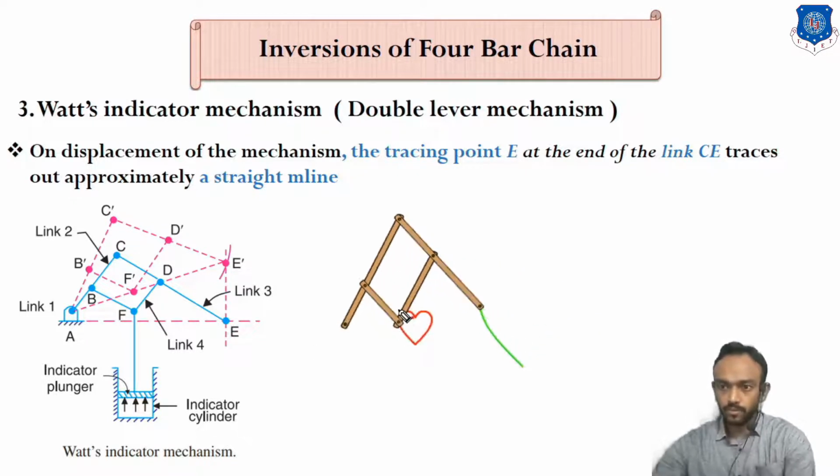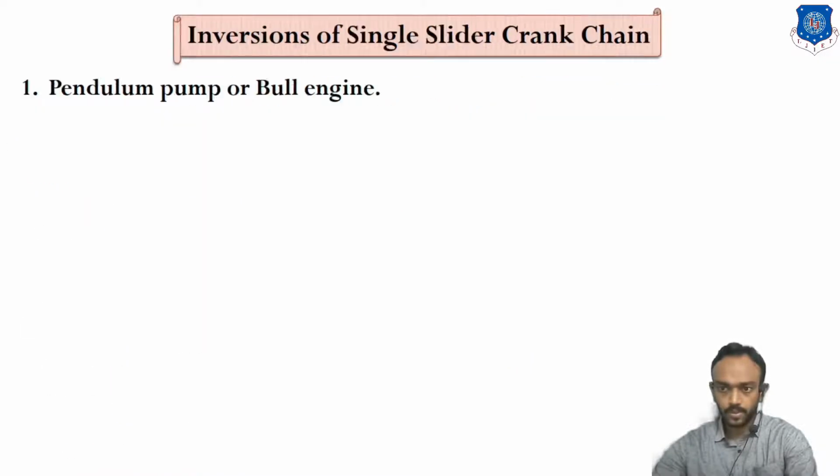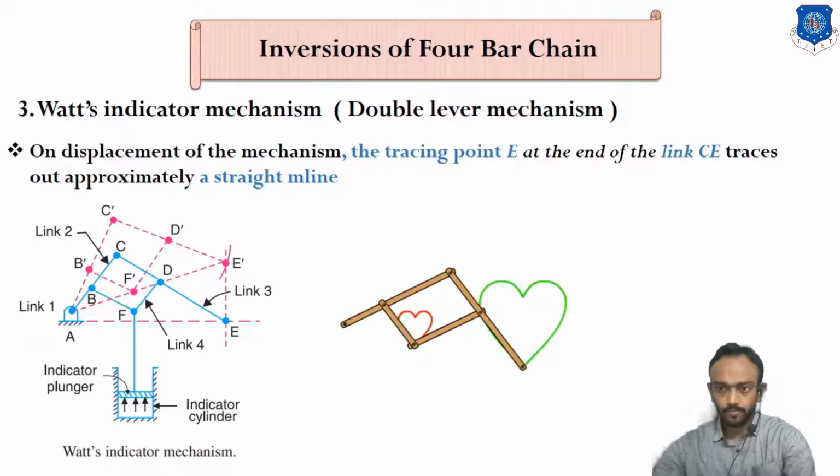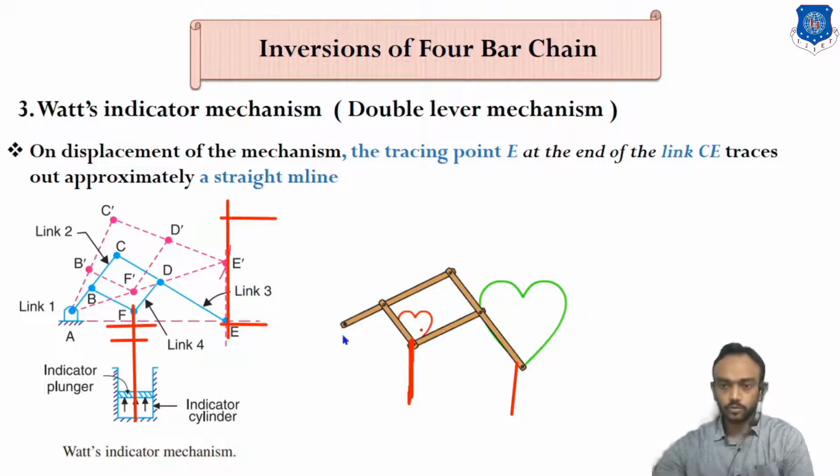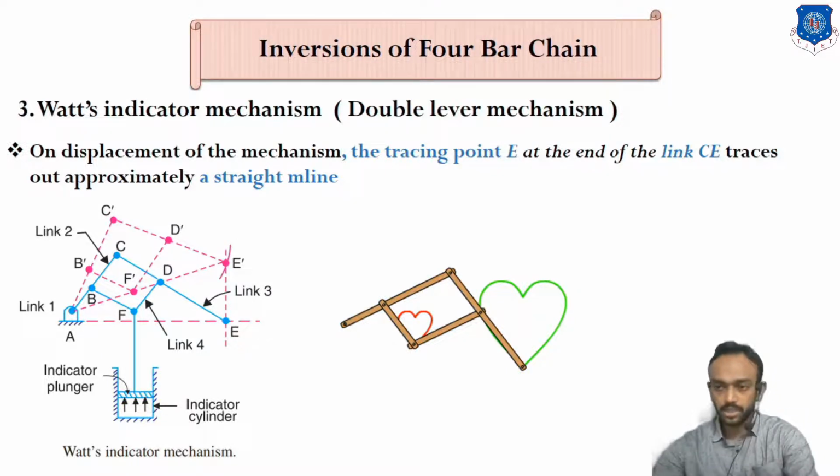If you draw a straight line here, a straight line will be drawn here. Same as here, if this piston reciprocates in a straight line, this straight line will be enlarged. A minor displacement of the piston will give us a larger distance, and it indicates it also. So it is the same as the Watt's indicator, though this animation is not the Watt's indicator.